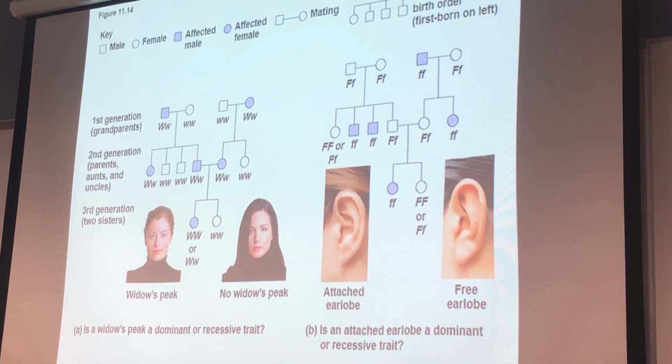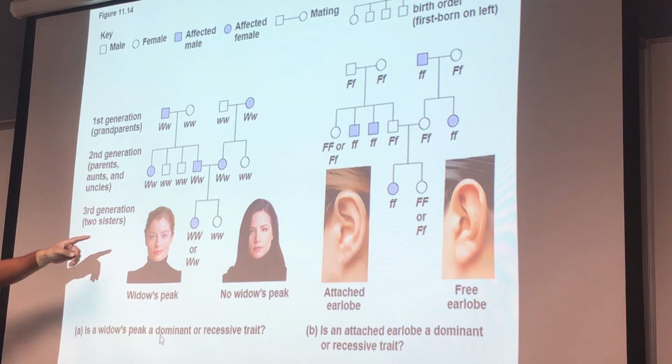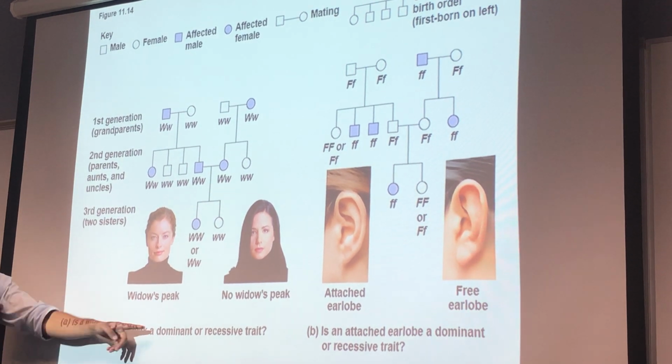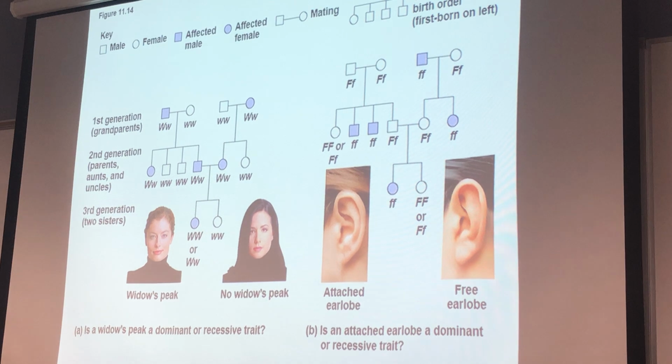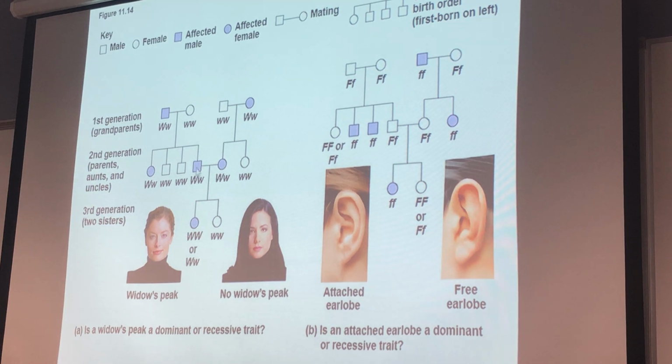Right, here's another example. Here you have the affected male and affected female in purple. This trait is the widow's peak, right here. Is that a dominant or recessive trait? You can see here that whenever you have these heterozygous parents, you have affected children, and then here you have these 2 affected parents, and whenever they show an unaffected child, then you know that this is a dominant trait.